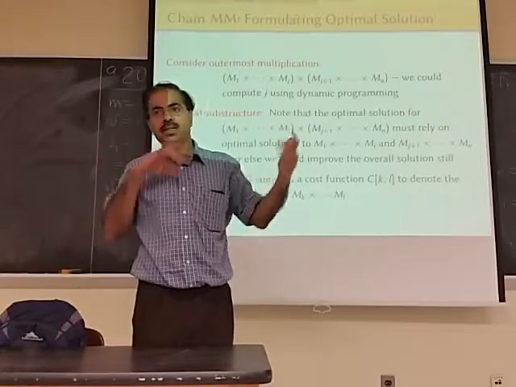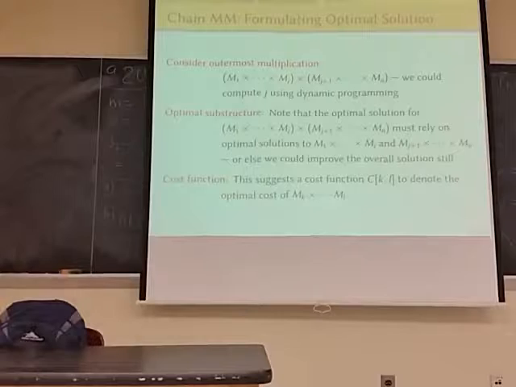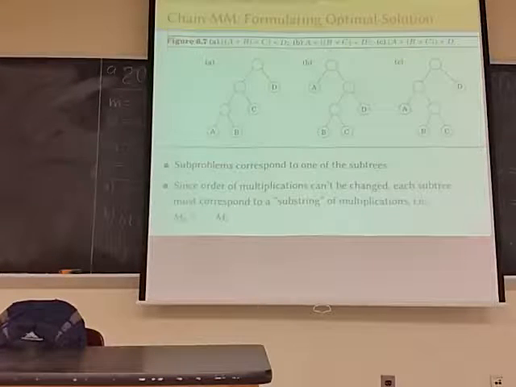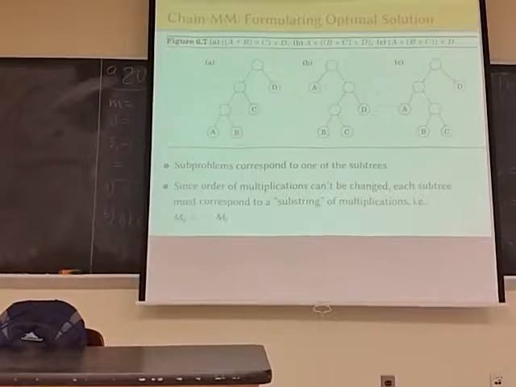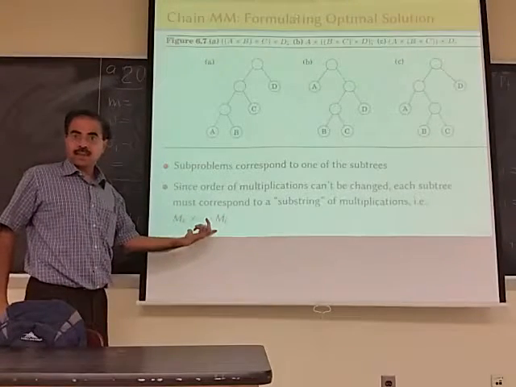Matrix multiplication is not commutative, so you can't rearrange the order, which means the subproducts that you pick still have to occur in the same order as the original matrices, and therefore the subproblems you're considering are like a substring of the multiplication.